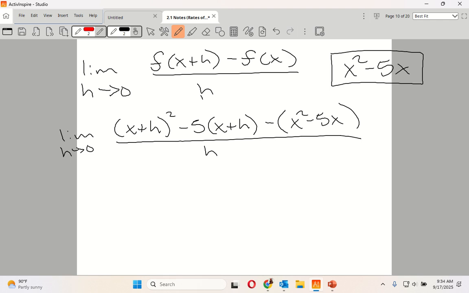All right, let's go through and expand this. Use that trick that I showed you guys. So it's x squared plus 2xh plus h squared minus 5x minus 5h minus x squared plus 5x. And all this is over h, but I'm going to leave that off so I don't confuse you guys.